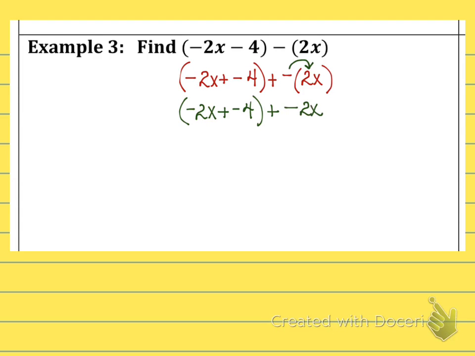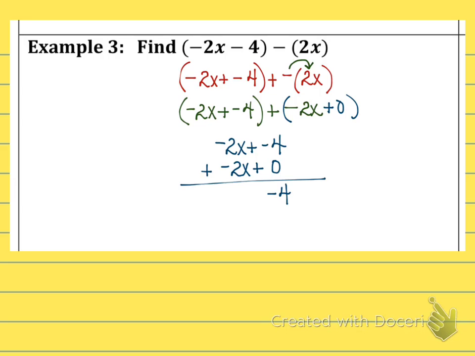Now you'll notice we don't have a constant being added to the 2x. You could add in a 0 if you want, but when you line them up, negative 2x plus negative 4 plus negative 2x, you're not going to have anything underneath the plus negative 4, so you could add in the 0 there at that point as well. Negative 4 plus 0 is negative 4. Negative 2x plus negative 2x is negative 4x. And that's your final answer.